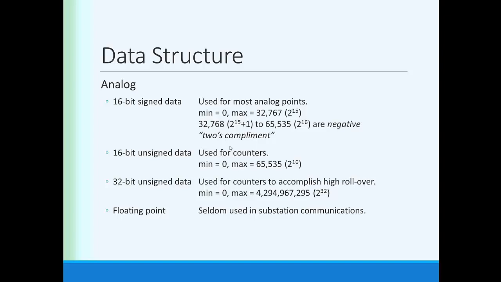And then because kilowatt hours basically can run and run and run, and the load on a transmission line or for a power plant could be enormous, within the definition of DNP, you can assign a 32-bit unsigned data for counters like kilowatt hours on a power plant.